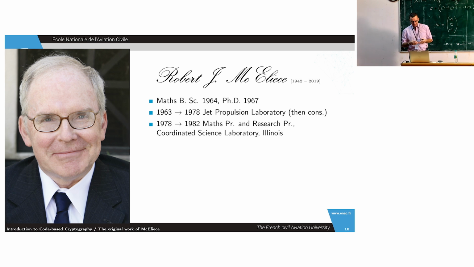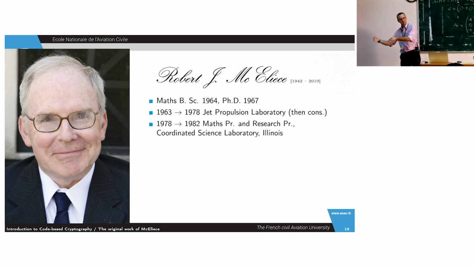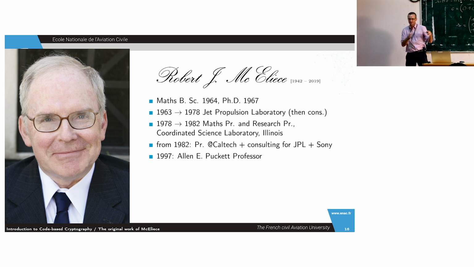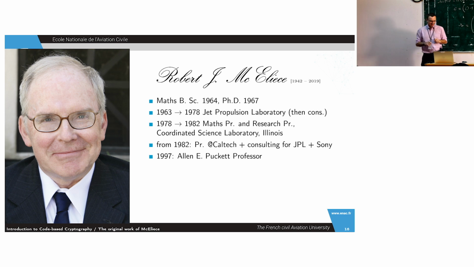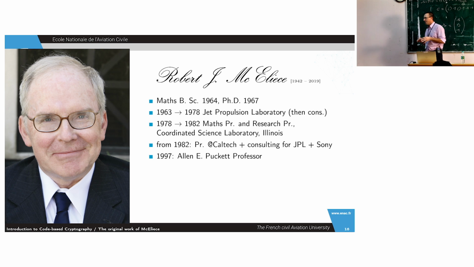Then from 1982, he became a professor at Caltech, where he did part of his studies, and he was also a consultant for JPL and Sony. You can see that there is a long story with this Jet Propulsion Lab, and you will see why after. In 1997, he became what we call the Allen E. Puckett Professor.